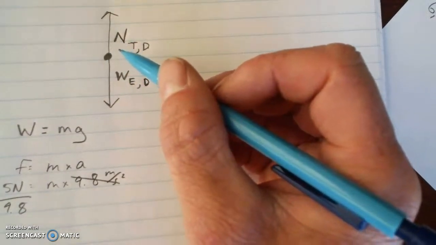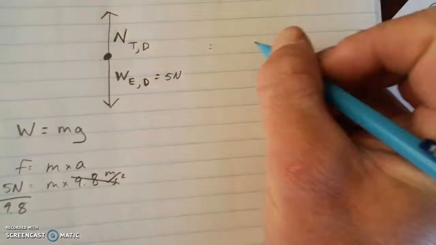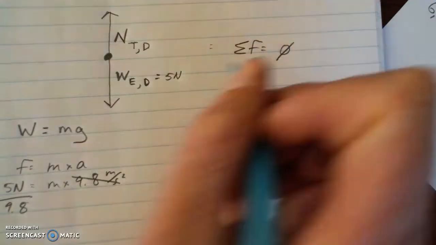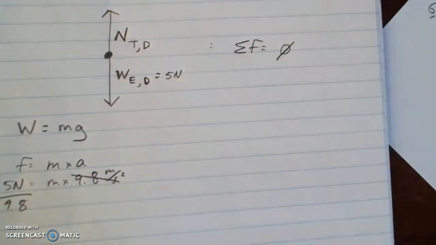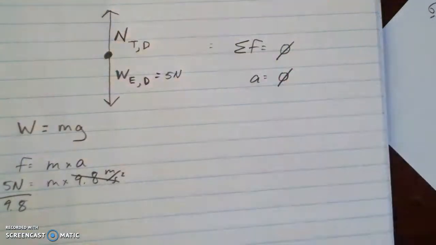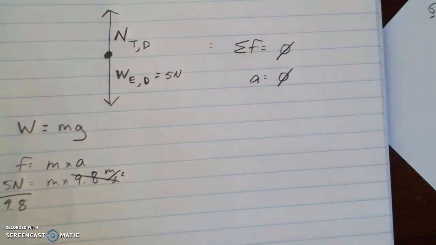And what does that mean? In this case, it means the net force equals 0. And that means that the acceleration also has to be 0. Still have a mass, but we get no acceleration if we have a balanced free body diagram.